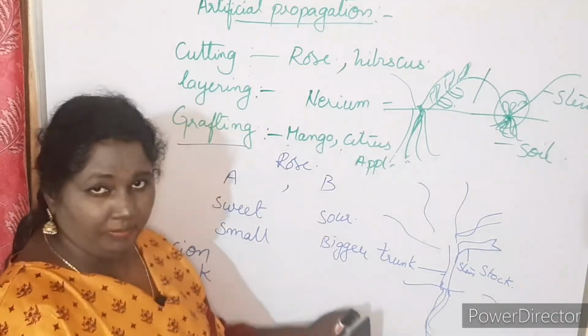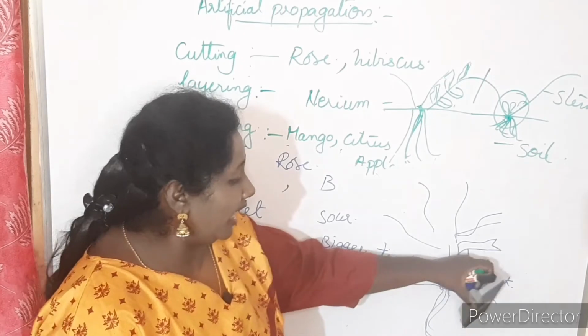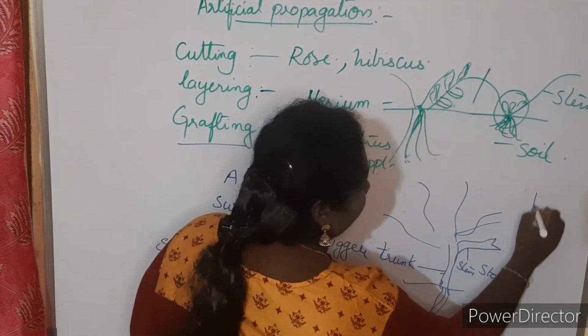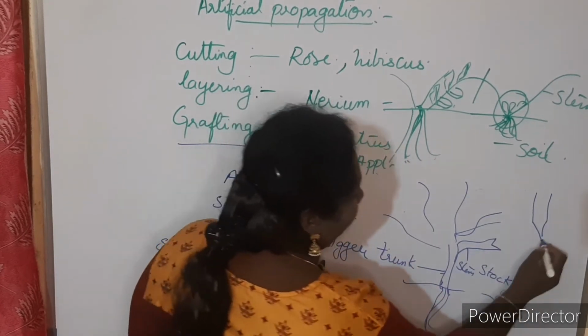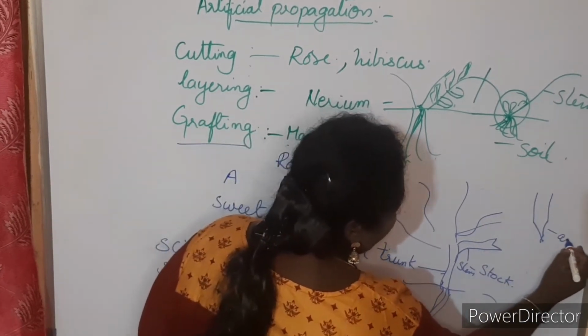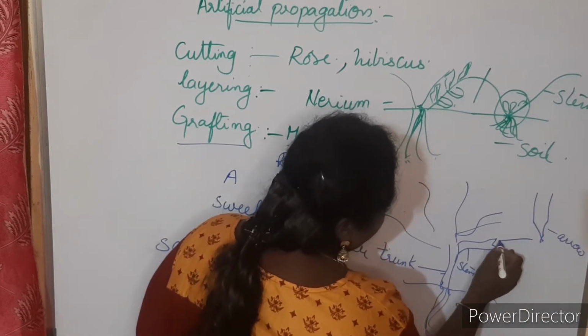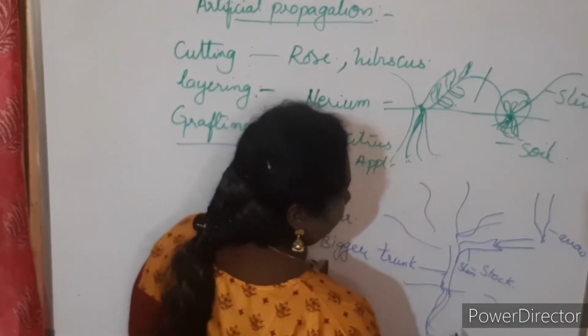So this is one plant. From another plant, another stem cutting we have to bring and unite here. That other plant's stem cutting must be cut in the shape of an arrow. So this is the arrow shape, no? This will be brought here and attached here.